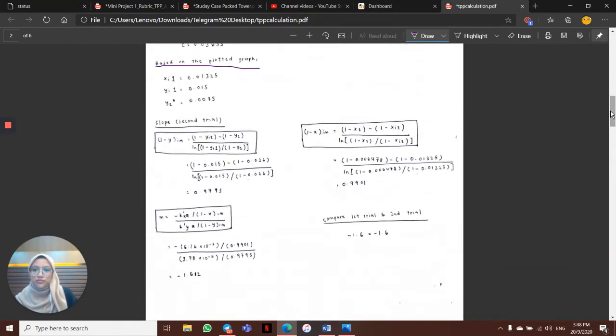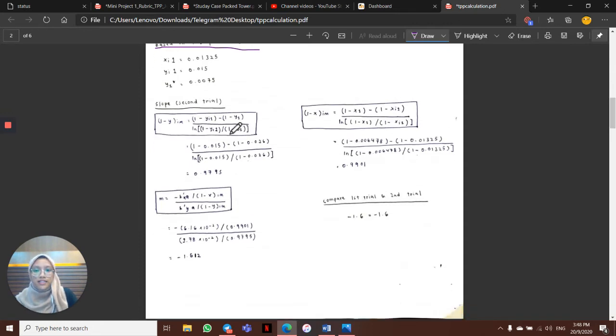Alright, so next is the slope for the second trial. For the second trial, you just need to take the equations from the appendix. This is the first equation, the second equation, and the third equation.